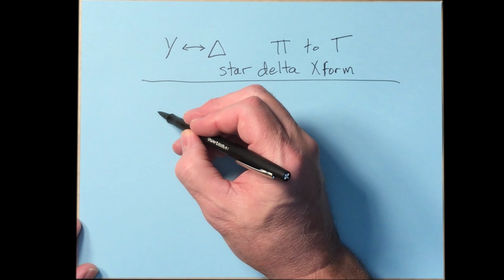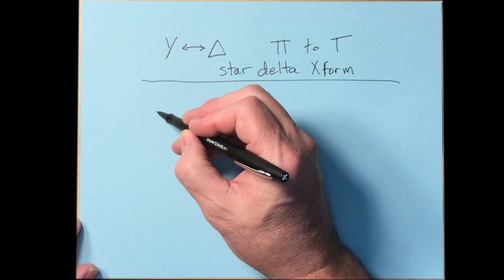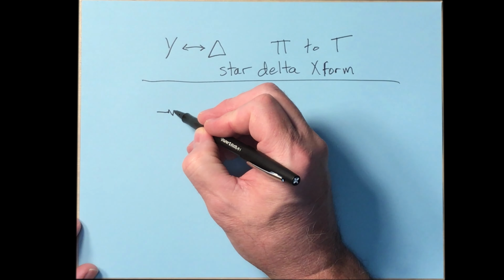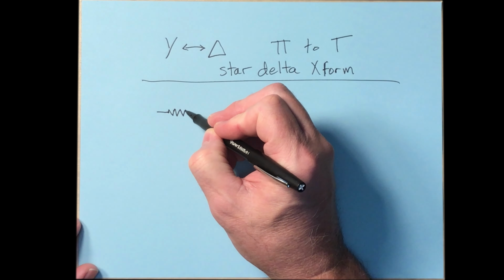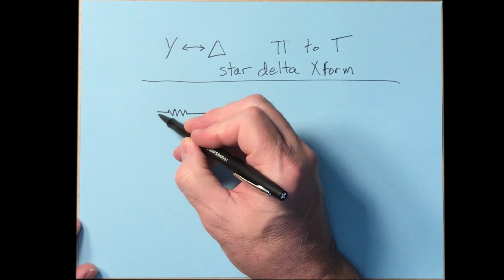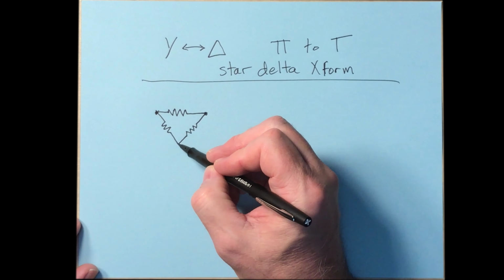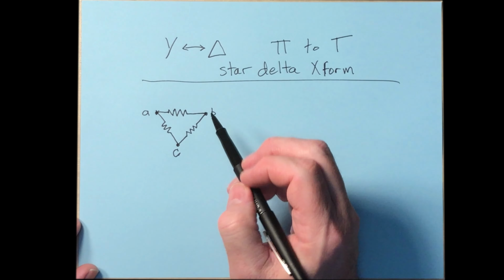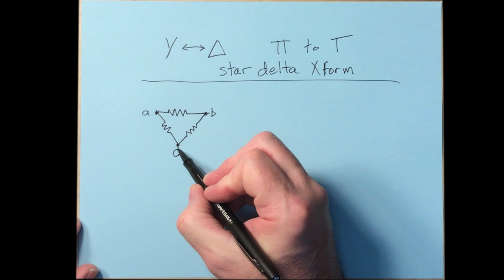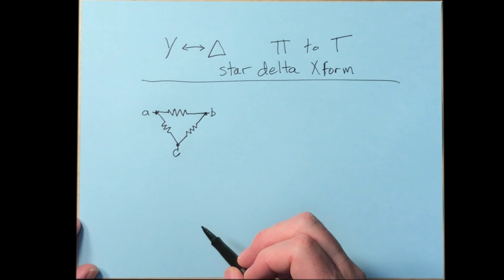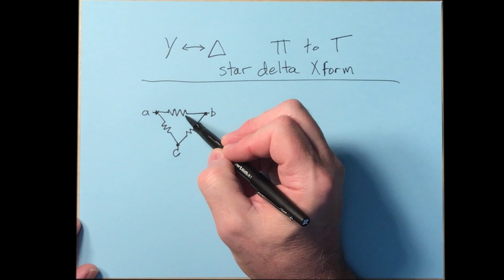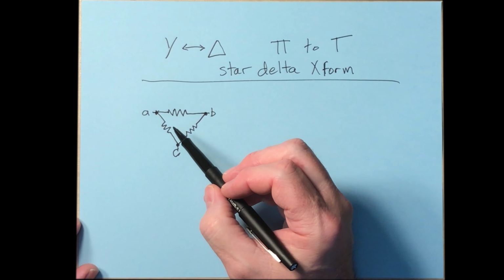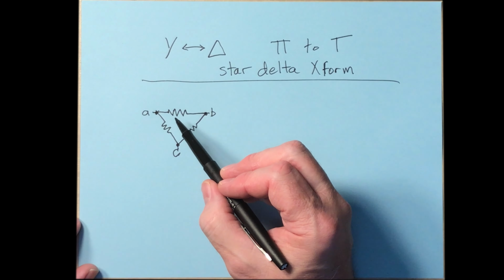So let's say that we have three terminals, terminal A, terminal B, and terminal C, that are connected up with resistors this way. You can imagine that there are wires coming off of there if you want to. But these resistors are named, and the order in which they're named is important here.